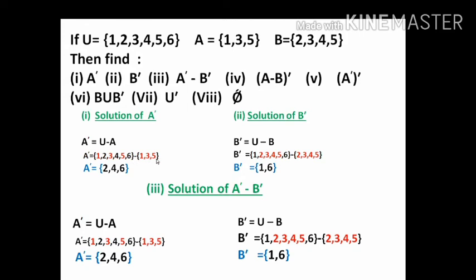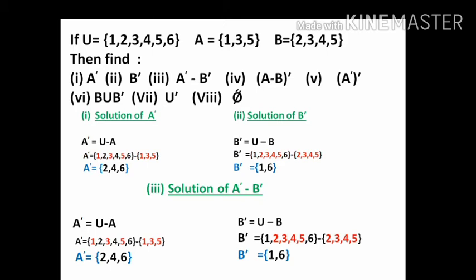In this step we will find the difference. The difference is the set of all the elements of set U which are not in set A. Then A complement will come with members 2, 4 and 6. So class, according to these steps, you can find the complement of any set.